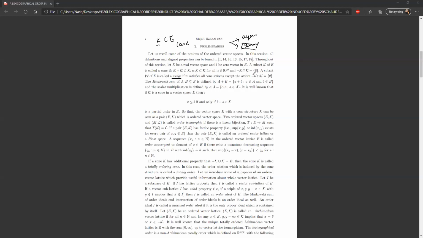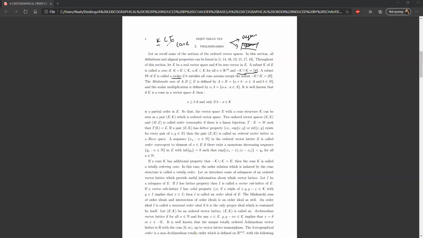If we don't have this sharp corner property, this object is called a wedge. When we are writing a summation, of course, we mean the Minkowski sum. If we add two sets to each other, that means we are taking an element of each set and summing them together. Likewise for scalar multiplication.